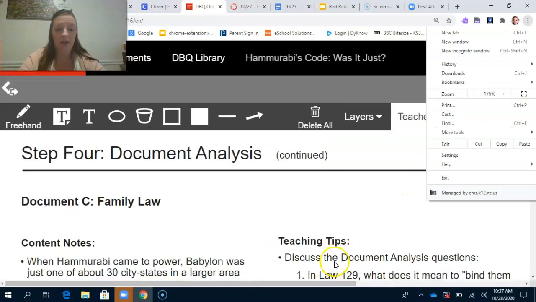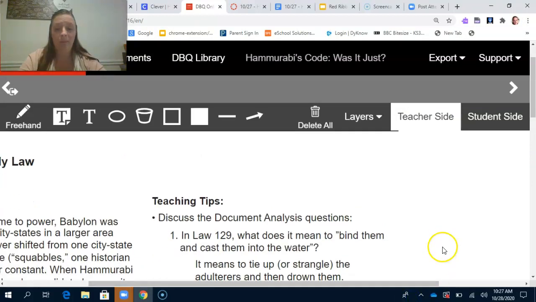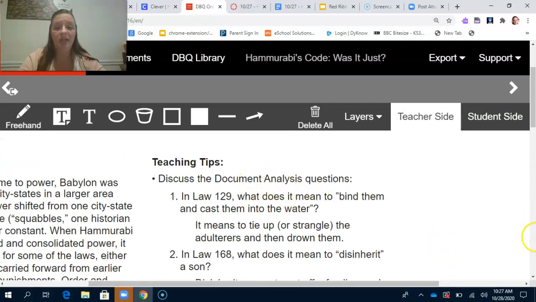We are still in document C. So number 1, in Law 129, what does it mean to bind them and cast them into the water? This simply means that he's going to tie them up or strangle them, the person who did it, or both people that did it, and then drown them.